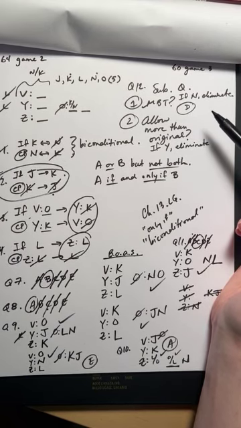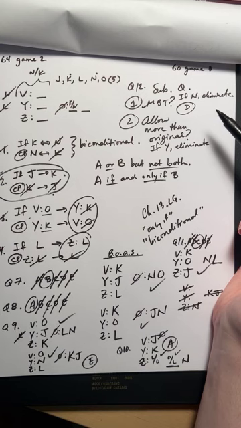Okay, so with the original, we were allowed to have k without j. So will that be allowed here? If j is out, then that's not going to have an impact on n, and so it won't have an impact on k.